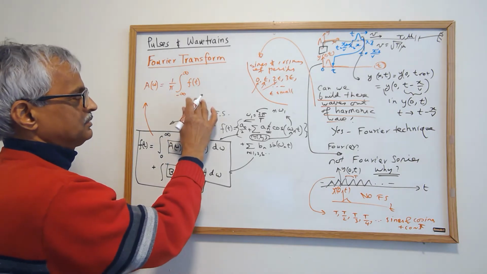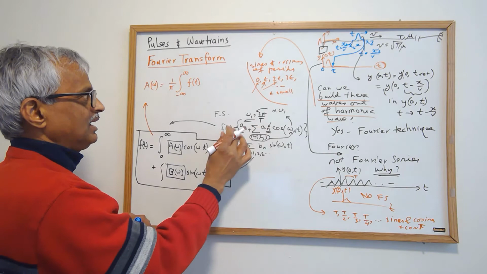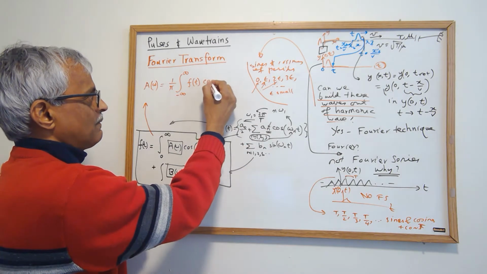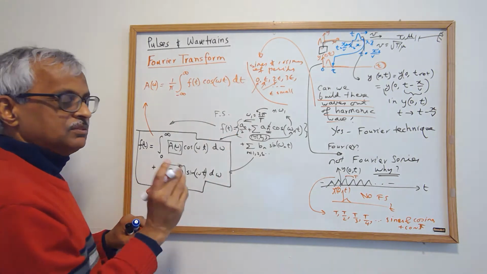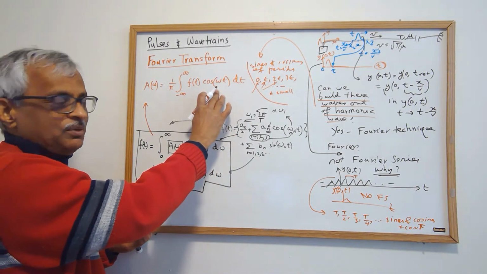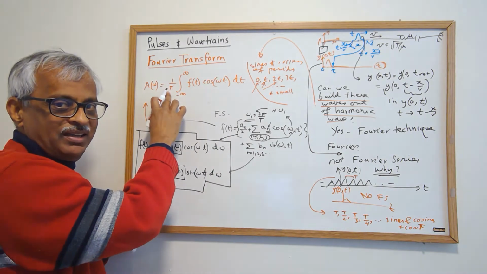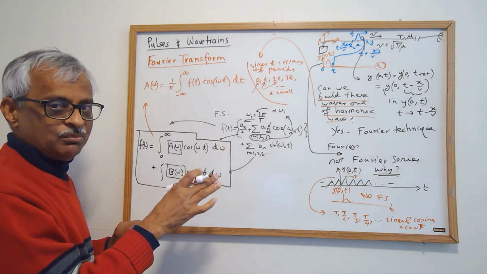You can have integrals of f of t, it was the integral of f of t getting those A's and B's, cosine omega t dt. It's very similar, right? I'm integrating f(t) times cosine omega t, but there's this pi coming in, and that has to do with the fact that I don't have a period anymore.